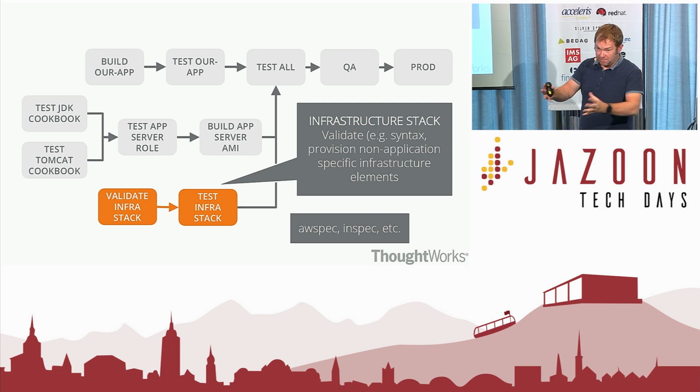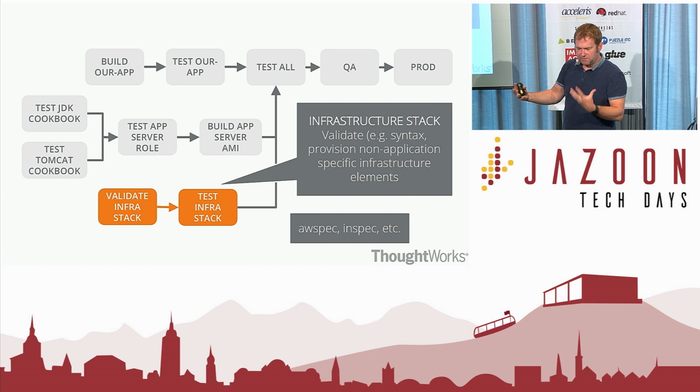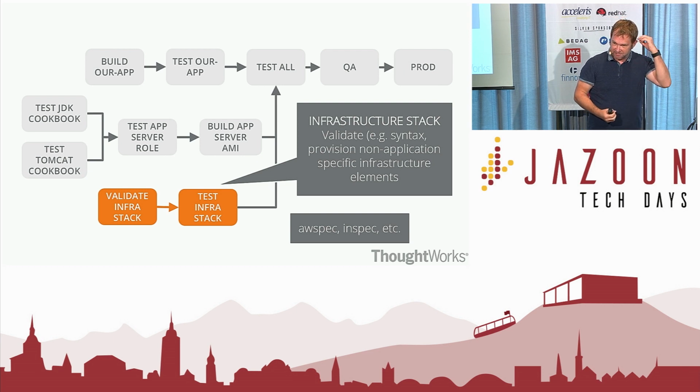So you have to spin up actual infrastructure in the cloud and then run tests against it. There are tests like AWSpec, and InSpec is one the Chef folks have come out with, which is a bit new but very well designed, so it's what I'm using these days. It's based on RSpec, the Ruby testing framework, but there are obviously equivalent tools in the Python space and so on.